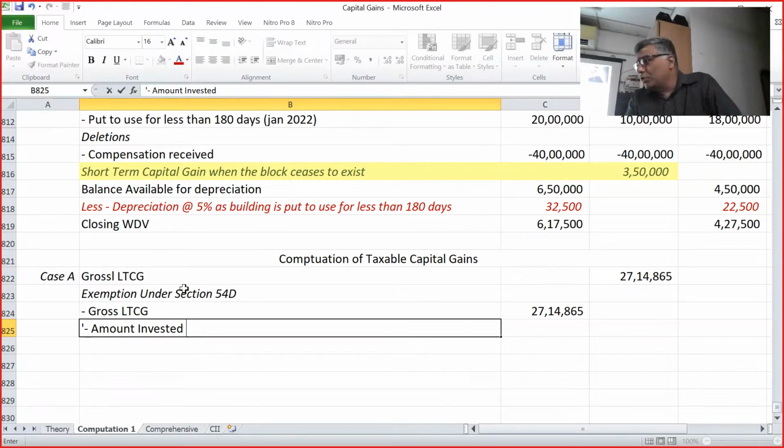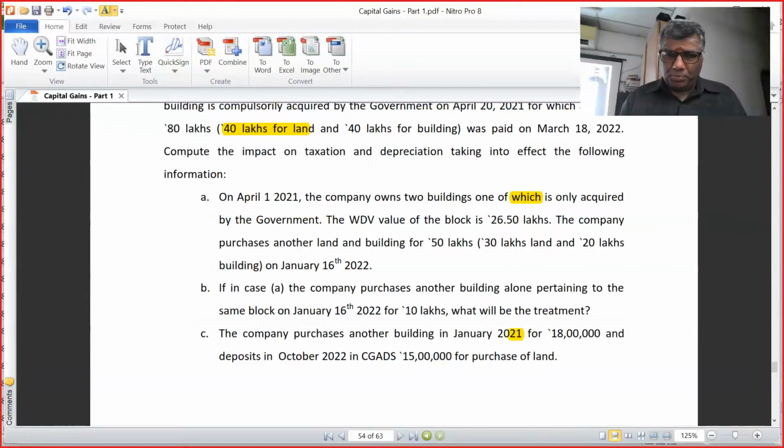How much is the amount invested in case A? Please read it. 50 lakhs. That is, the amount should be invested in land and building.